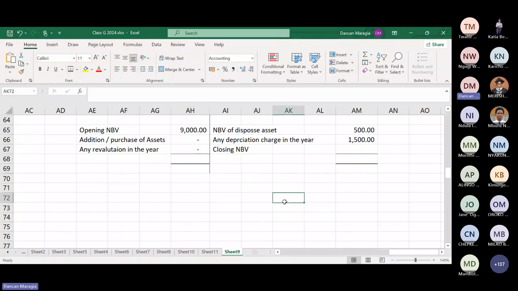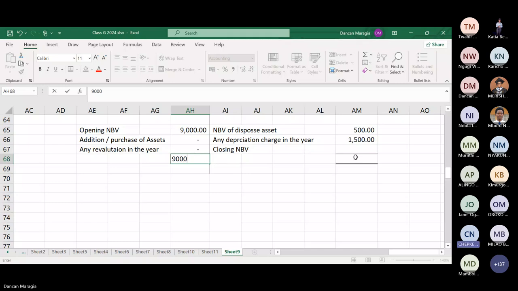So what will be the closing net book value to balance this account? 7,000. 7 million. So it is this minus this. Also, it's 7 million.